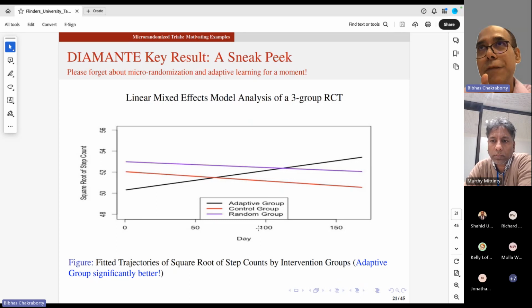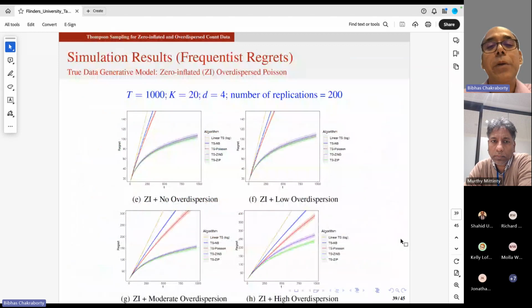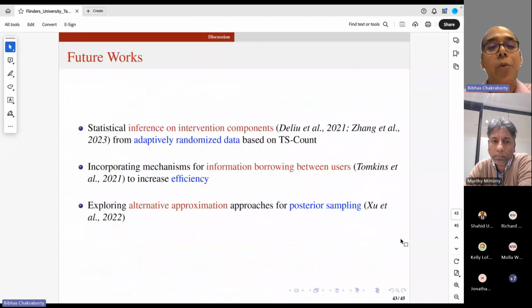So 50 different contextual bandit problems, 50 different learning problems. So that's what I said, that towards the end, as the future work, it could be whether we can do the information borrowing.